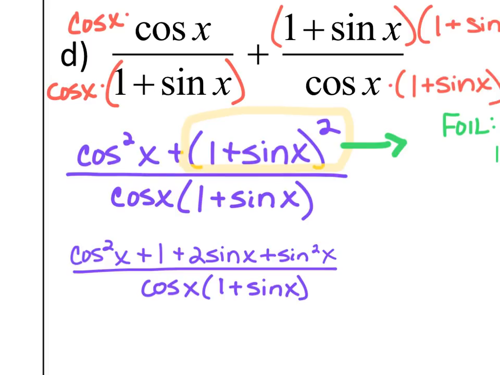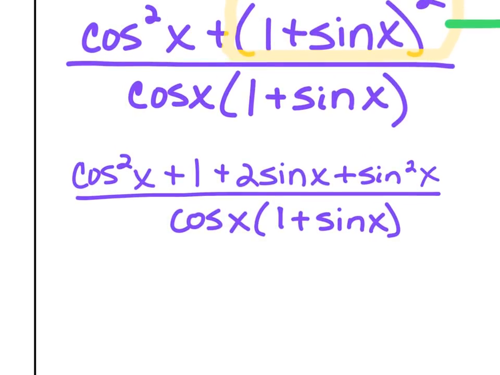Now, you should have little alarm bells going off in your head right now, because you see an expression in the numerator that's all adding, and notice that you've got a cosine squared and a sine squared, and they're both being added.